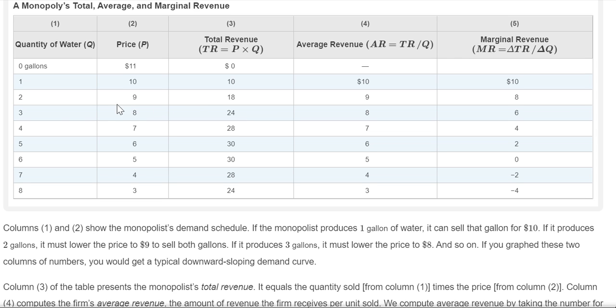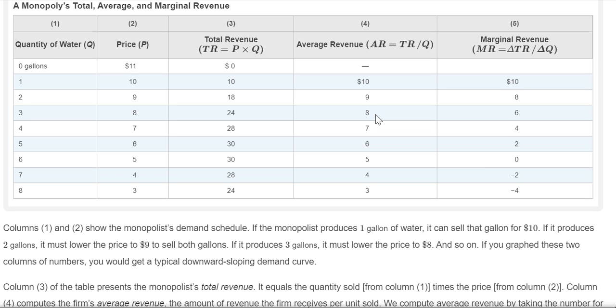Well, the quantity over in column 1 was 3. So if the quantity was 3 and the total revenue was 24, you divide 3 into 24, and you get the average revenue of 8. It's just like a bowling score or a baseball average. If you go 1 for 2, you're batting .500, so to speak. You divide.